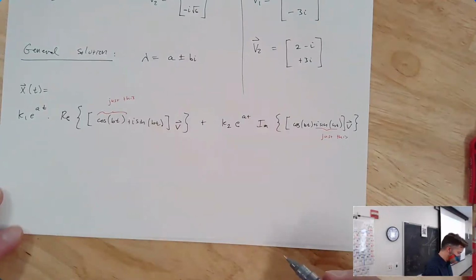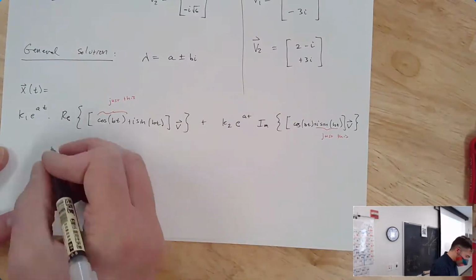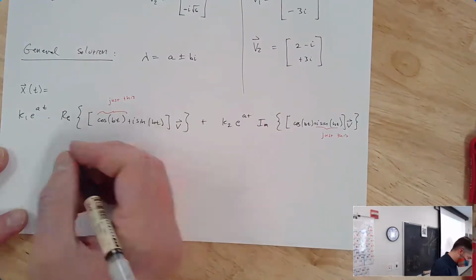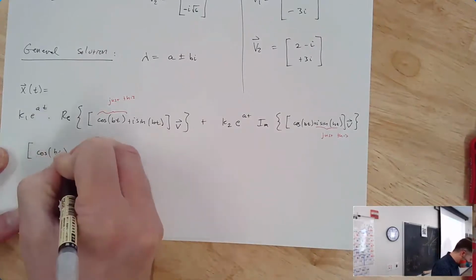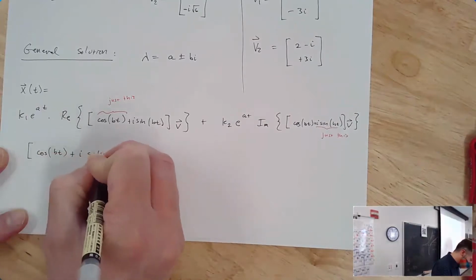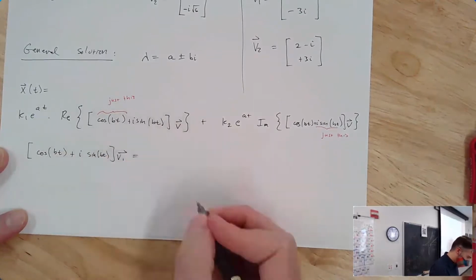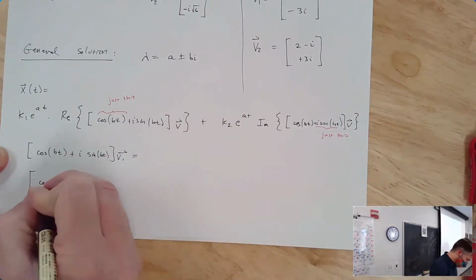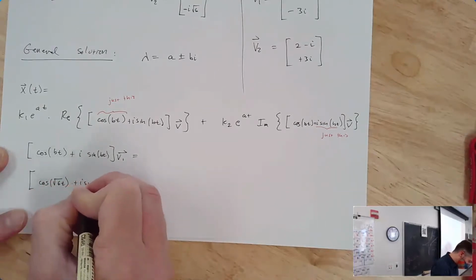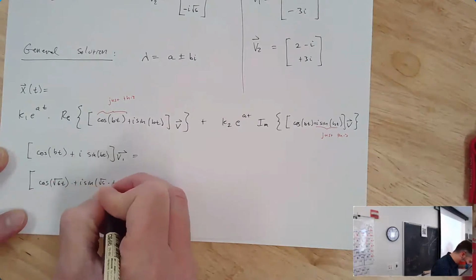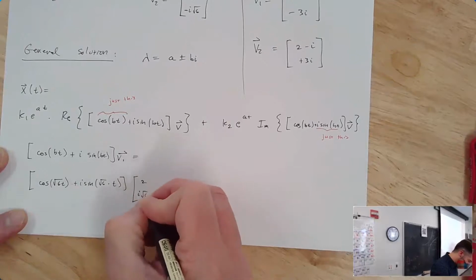Okay, so here's what this looks like. It looks gross. It's going to be cosine of Bt plus i sine of Bt times V1, which is going to be cosine of the square root of 6t plus i sine of the square root of 6 times t times the eigenvector, which is 2, i root 6.